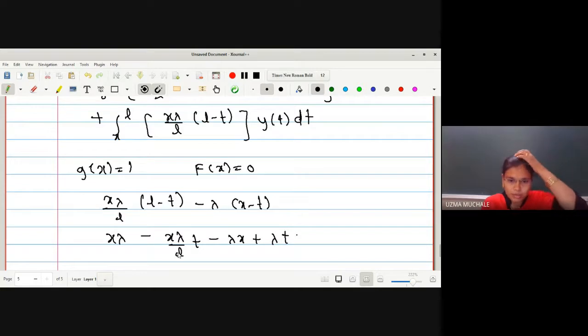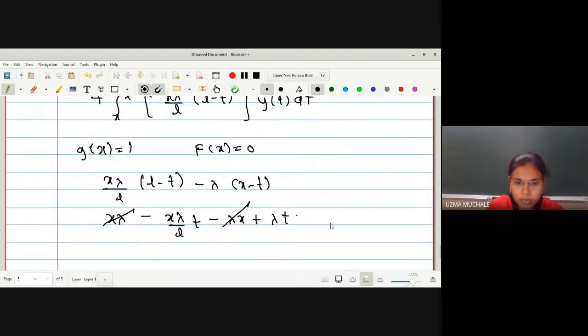What terms can we take common so that it is in a somewhat compact form? This is with lambda x and this is also with lambda into x, positive and negative. So it equals lambda into t, which we can keep outside, times (1 minus x upon L). Have you understood this step?